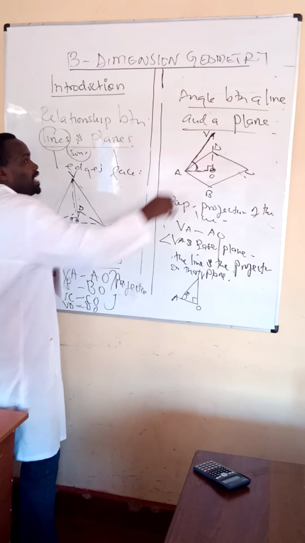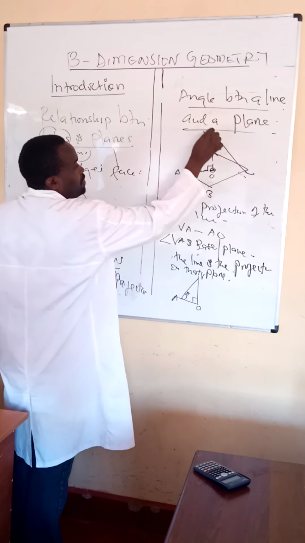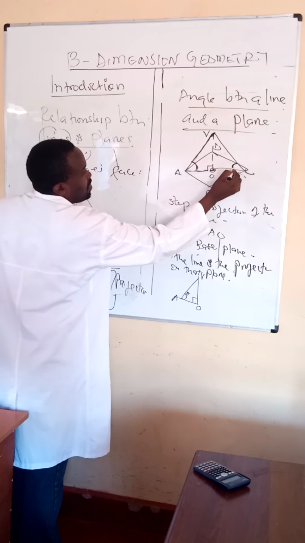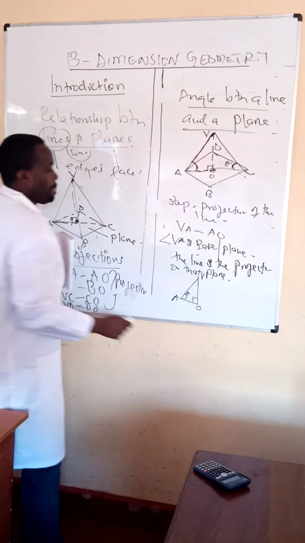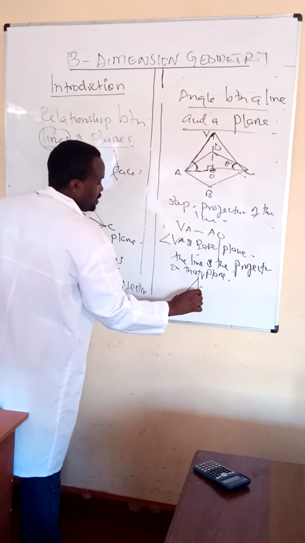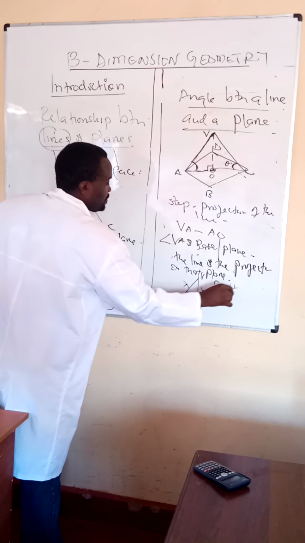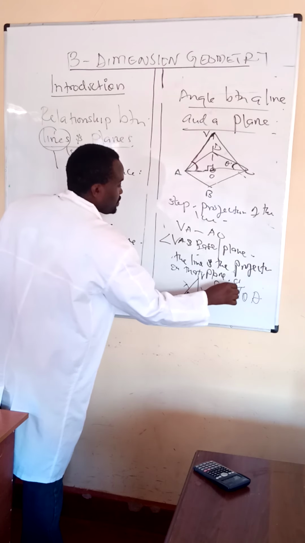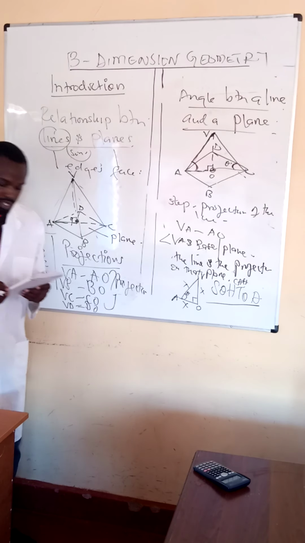If you want to test the others the same way, the projection of VC is CO, and this is the angle between them. So if you are given any of these, you can use SOHCAHTOA to find the angle.